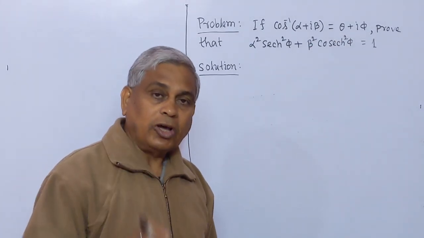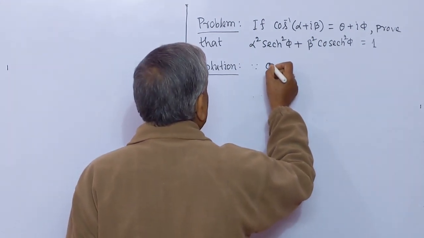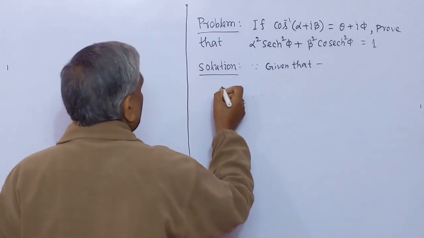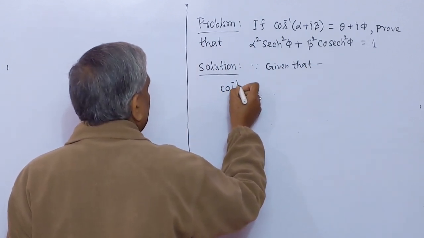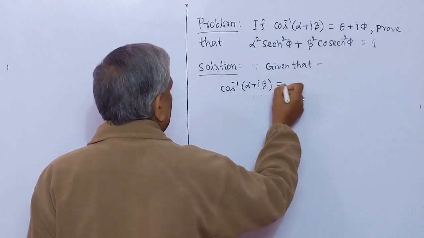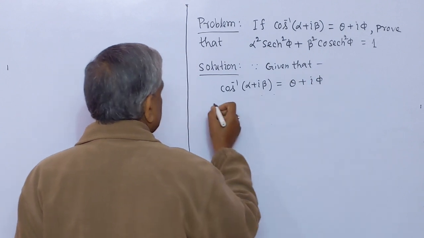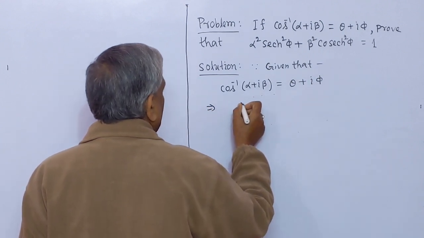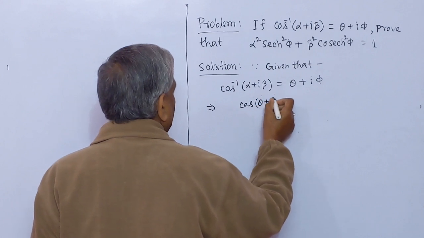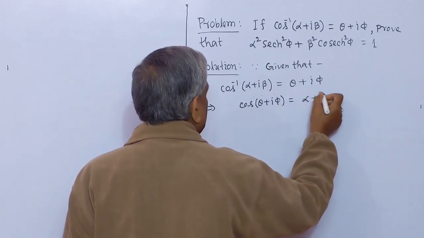Now we solve this. Given that cos inverse of alpha plus i beta equals theta plus i phi, this implies that cos of theta plus i phi equals alpha plus i beta.